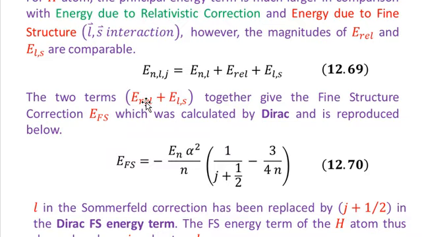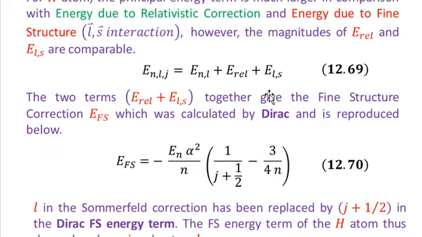Now the two terms shown in the parenthesis, which are the energy due to relativistic motion E_REL, plus the energy due to the spin orbit coupling, which is E_LS, add together to give you the fine structure correction, which we label as E_FS. So E_FS represents the fine structure correction, which is the sum of these two energy terms, which was calculated by Dirac and is reproduced below.